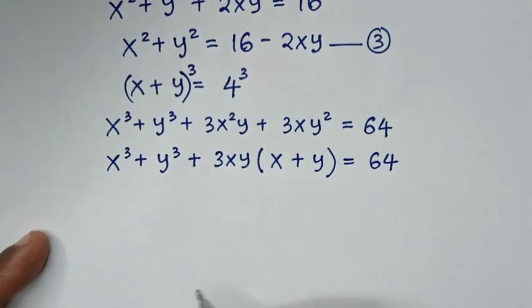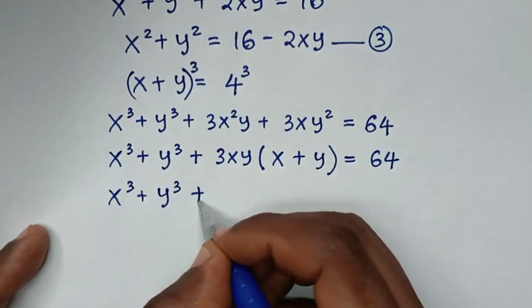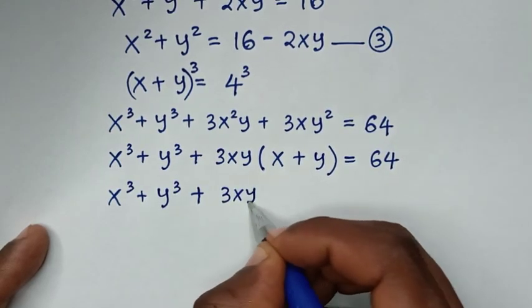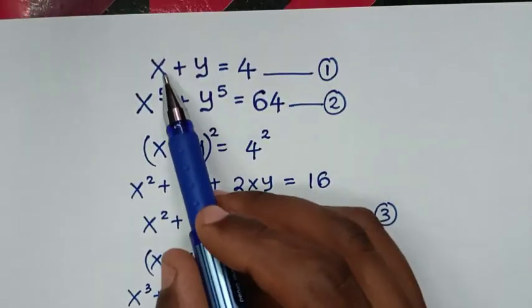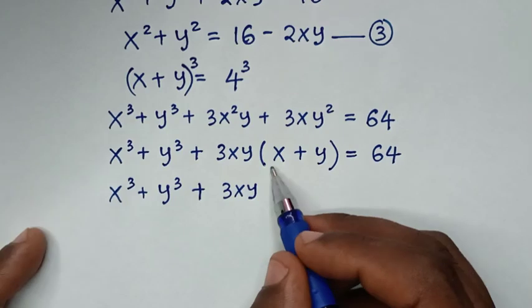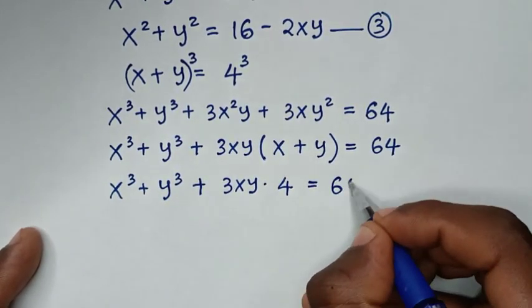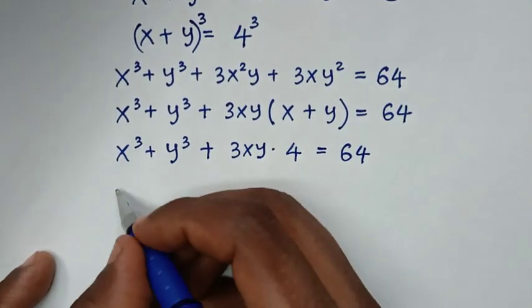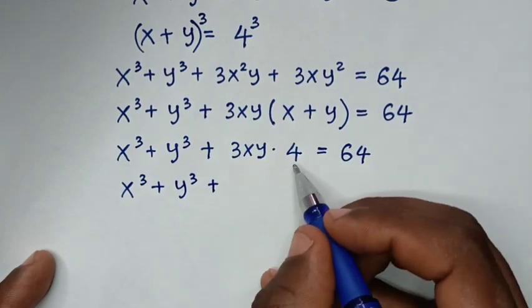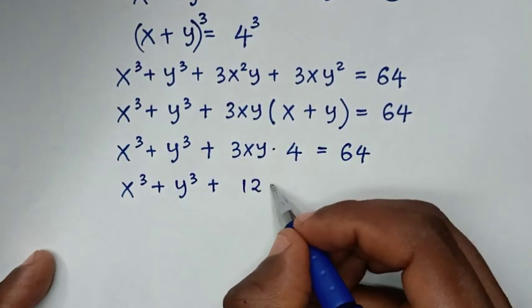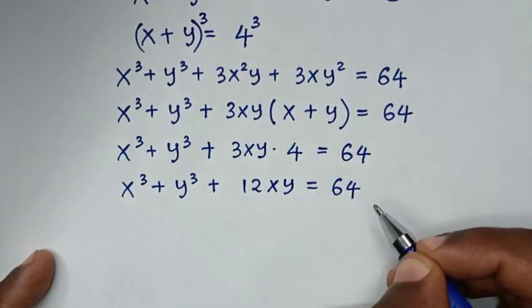Then x power 3 plus y power 3 plus 3xy, and this x plus y inside the bracket is from equation 1, where x plus y is equal to 4. So here we substitute 4, so it will be times 4 is equal to 64. Then it will be x power 3 plus y power 3 plus 4 times 3 is 12, so 12xy is equal to 64.